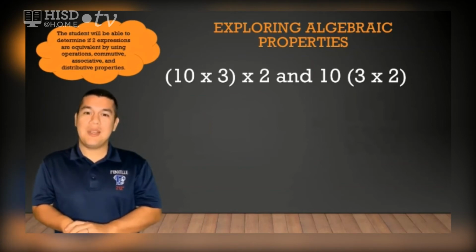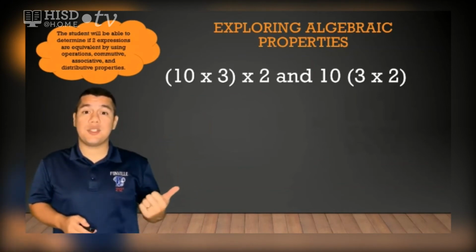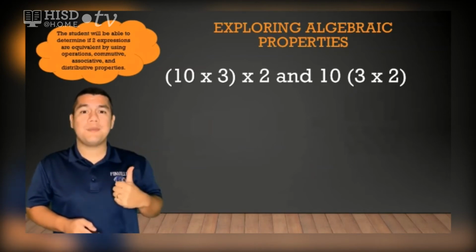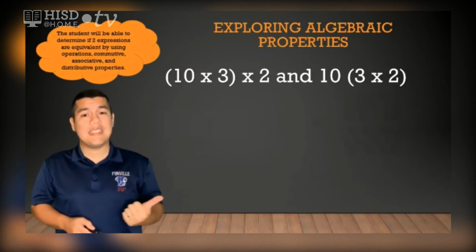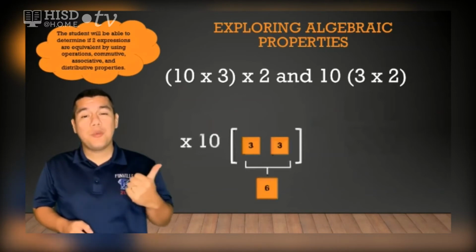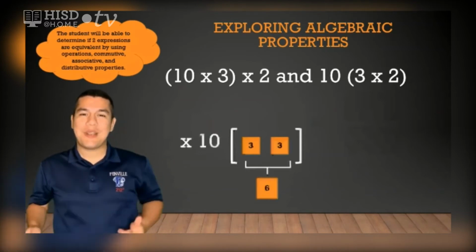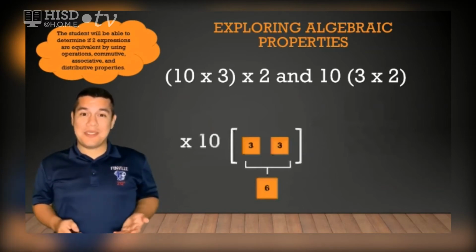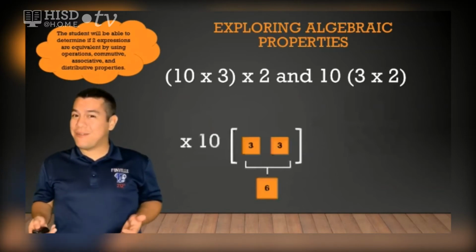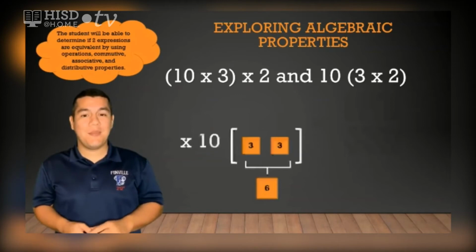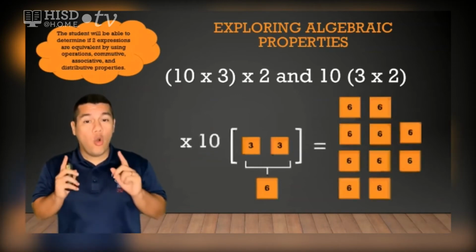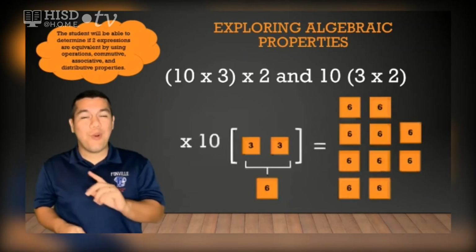Okay, so let's evaluate the next expression, which is 10 outside, and we have 3 times 2 on the inside. If we have 2 groups of 3, that's going to be equal to 6. And if I add these 10 times, that means that I have a total of 60. So this means that the associative property also holds for multiplication.